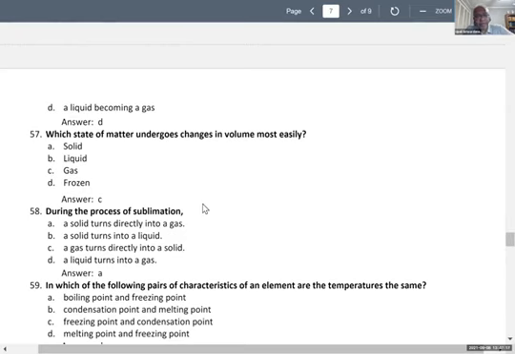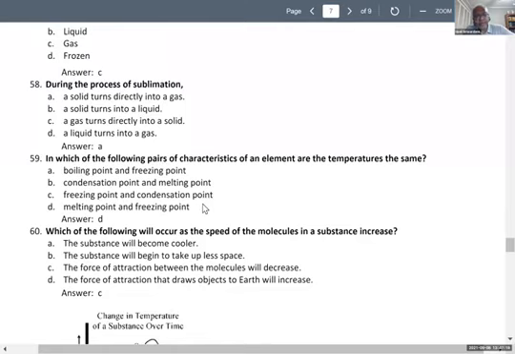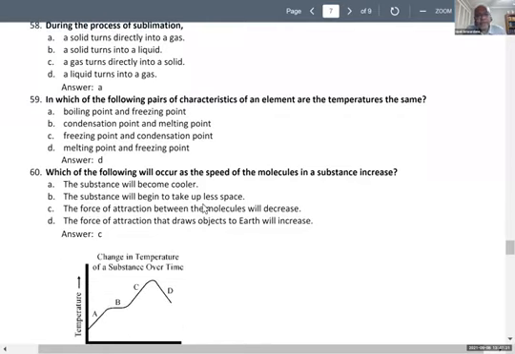The gas. I had to stick with 59. In which of the following pairs of characteristics of an element is the temperature the same? The physical changes like melting and freezing are at the same temperature. Boiling and vaporization and condensation are at the same temperature.